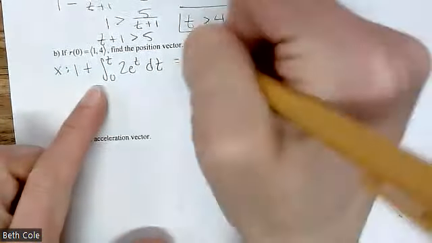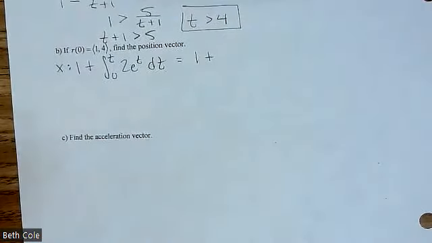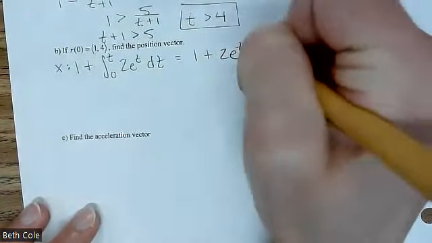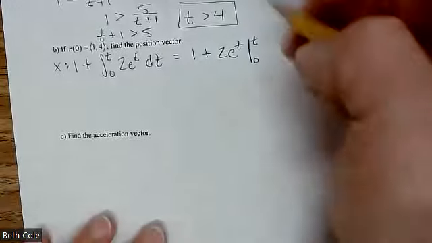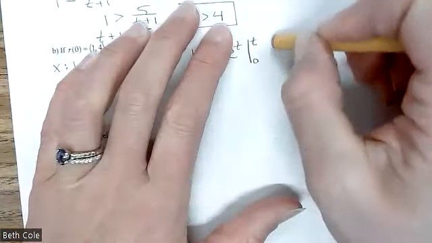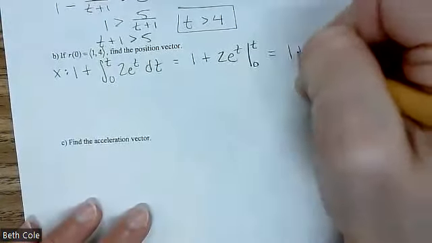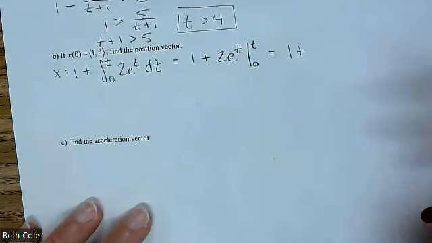So that would be 1 plus, and then what's your antiderivative for 2e to the t? Yeah, 2e to the t, such that 0 to t. Technically, we should have changed one of those variables, but I'm just like, whatever. So it'll be 1 plus, and then upper boundary minus lower boundary.